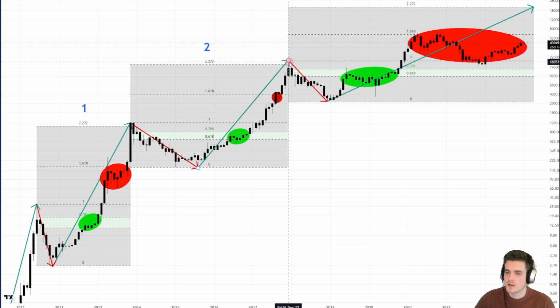Then at this cycle, starting at the 2017 top to the 2018 bear market bottom, if we apply this the same, we have a longer cycle, and this is the 1, 2, 3, 4, 5 wave I expect.